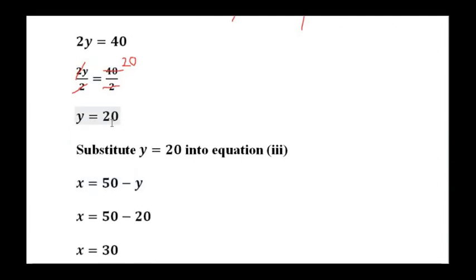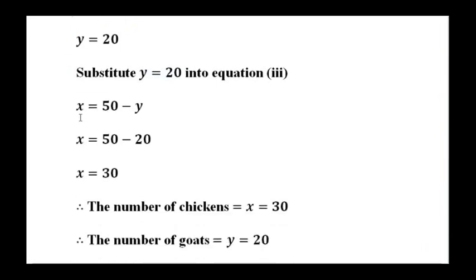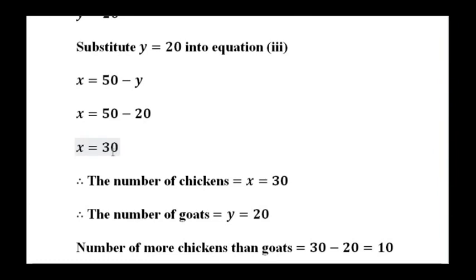Now, to find x, we need to substitute y = 20 into equation 3. Equation 3, x = 50 - y becomes x = 50 - 20. 50 - 20 is 30. Finding the values of the variables x and y means that we have found the number of chickens and the number of goats.